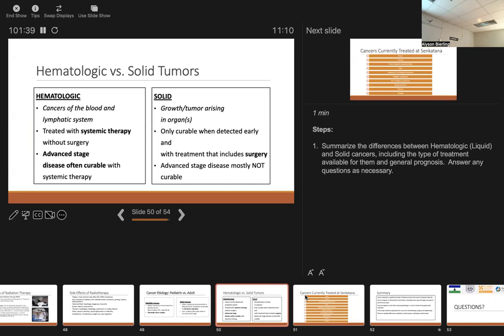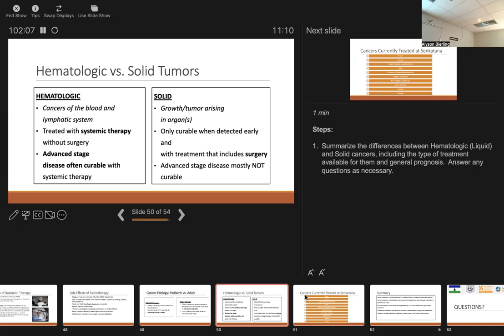And then cancers can be divided into 2 different groups, solid cancers and hematologic cancers. So hematologic cancers are cancers of the blood and the lymphatic system, and these can be treated with systemic therapy, so chemotherapy, most often without surgery.